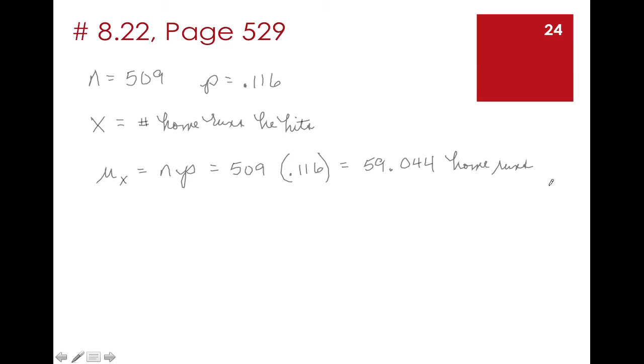So if you think about it, remember they had said in 1998, which was when this data was from, he had hit 70, which was the home run record at the time. But statistically, based upon his previous year's performance, we would have expected, remember we often refer to the mean as the expected value. So really, if he were to have 509 at-bats, we would have expected him to have only about 59 home runs.